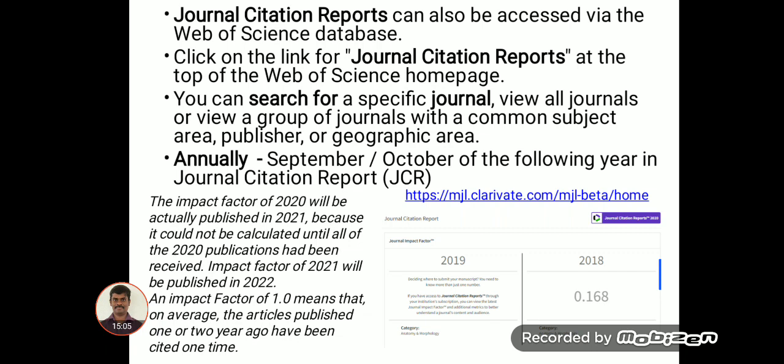So this is how it goes. Every year the impact factor will be calculated only in the next consecutive year. An impact factor of 1 means that on average the articles published 1 or 2 years ago have been cited one time. So that is how the impact factor is given.